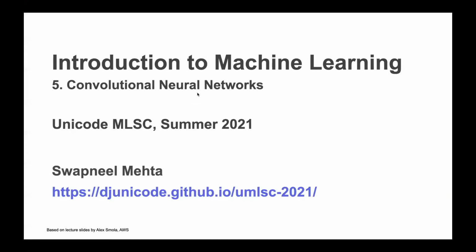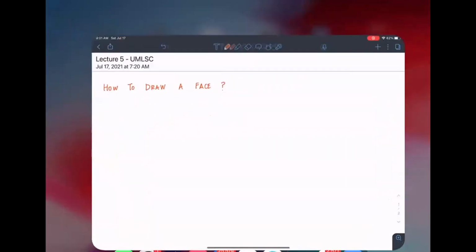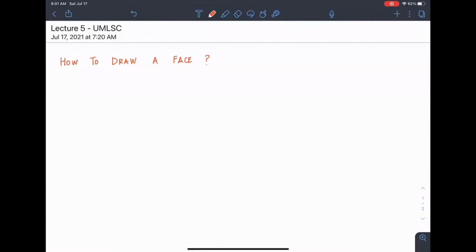Okay, sounds good. Cool. So today, let's talk about convolutional neural networks. But before I do that, I want to start with a motivating example. For those of you who have ever taken an art class or even generally looked at someone sketching, can you tell me how you draw a face?